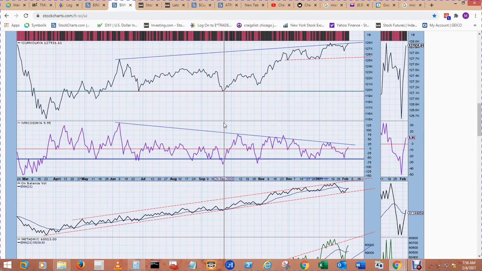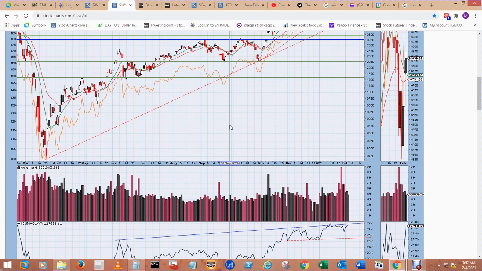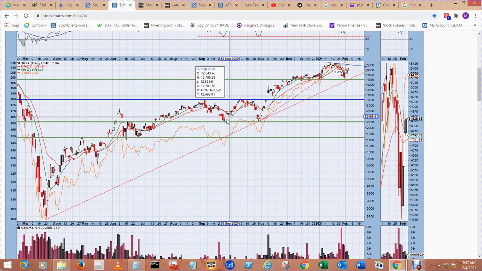Go down and look at that. Still below zero. The McClellan oscillator didn't get above zero until the 30th. Yeah, that was about right at the end of September. And we've already had some upticks here.